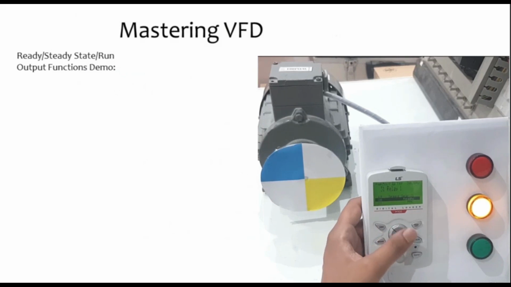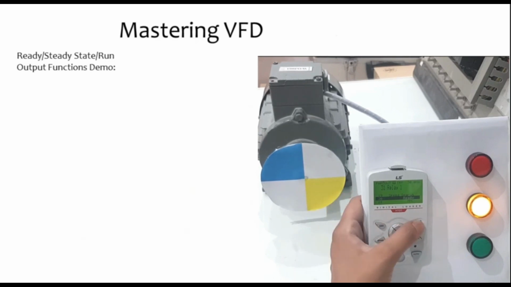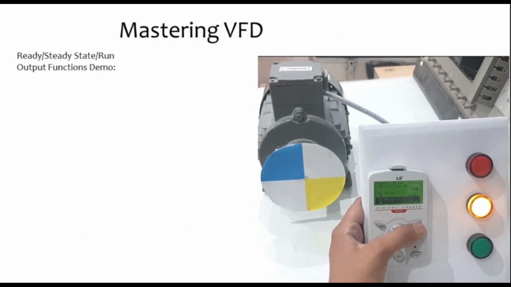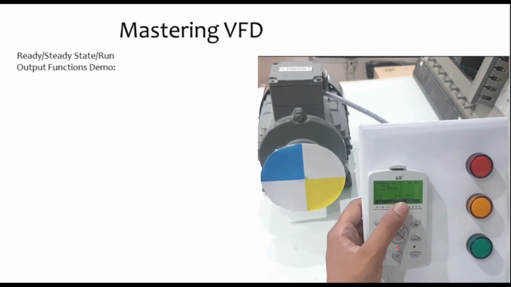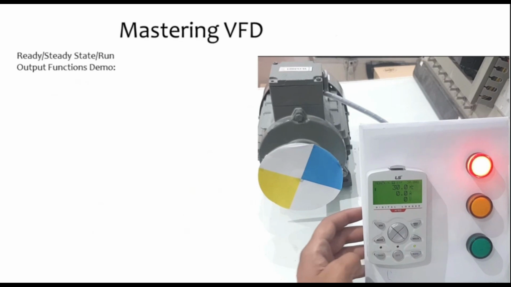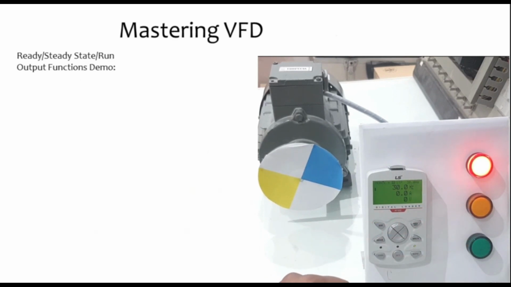I have assigned relay number 1 as ready, relay number 2 as steady state, which means once the target speed is achieved, the relay will be on, and relay number 3 as run. Now I set the target speed and let's test it. So the red light, which is programmed for ready, is on, which indicates that the VFD is ready and there is no fault condition.